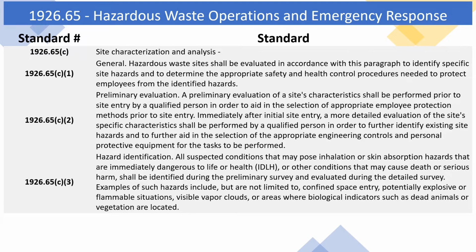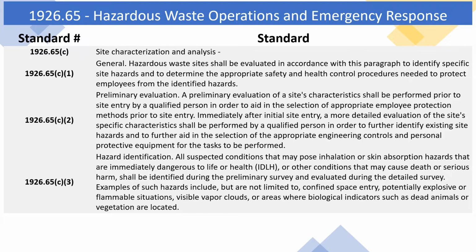1926.65(c)(3), Hazard identification. All suspected conditions that may pose inhalation or skin absorption hazards that are immediately dangerous to life or health (IDLH), or other conditions that may cause death or serious harm, shall be identified during the preliminary survey and evaluated during the detailed survey.